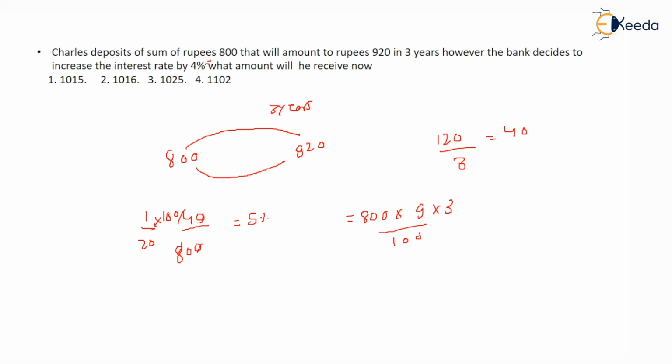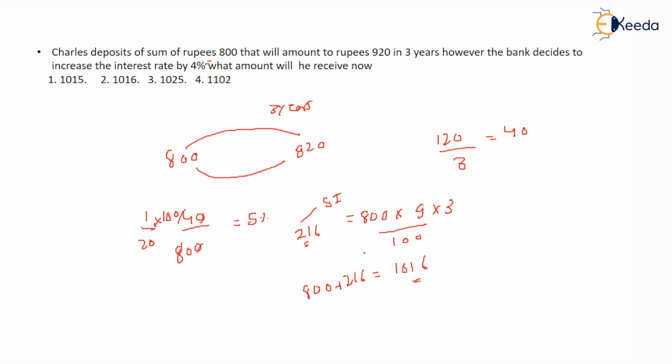So 800 into 9 into 3 divided by 100 is 216 rupees. This is simple interest, so you can add it to the principal. 800 plus 216 comes out to be 1016.